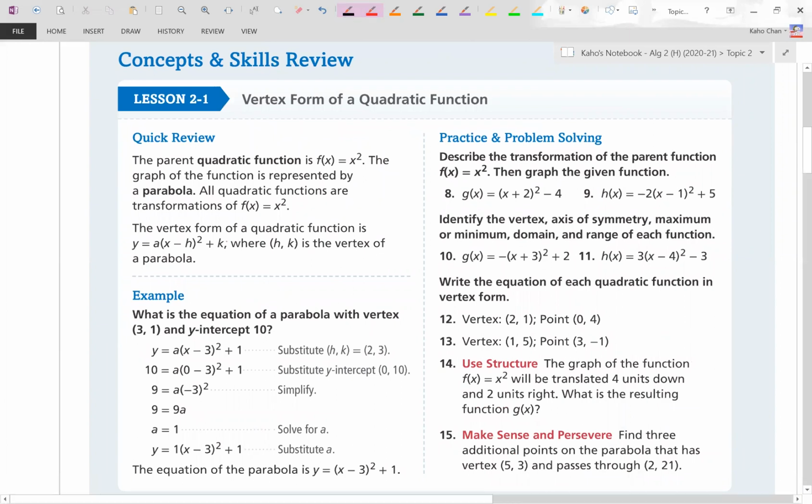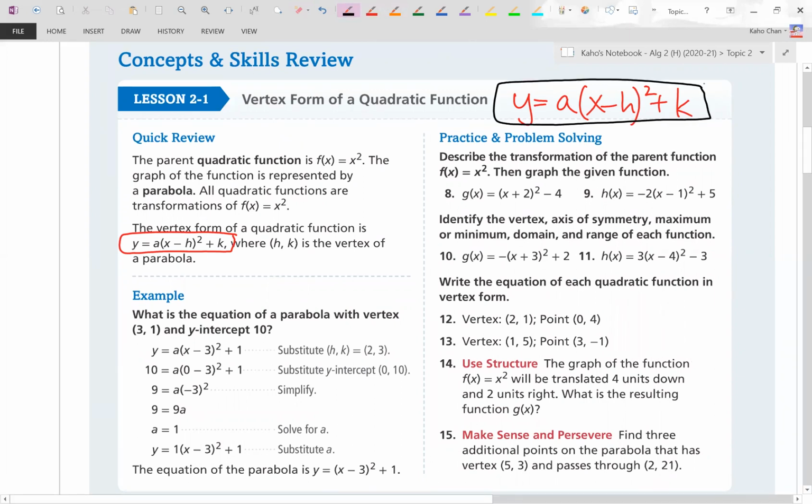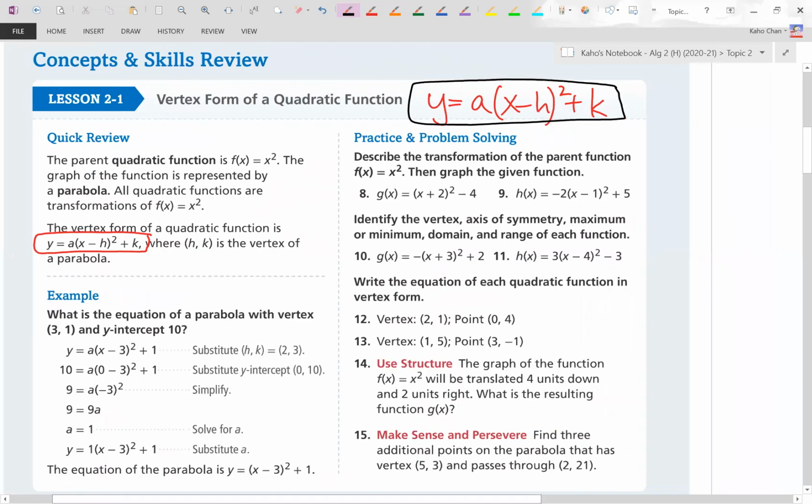There it is. Let's write it a little bigger so we can see it better. Y equals a times x minus h squared plus k. All right. Just a quick reminder, this is from Algebra 1.